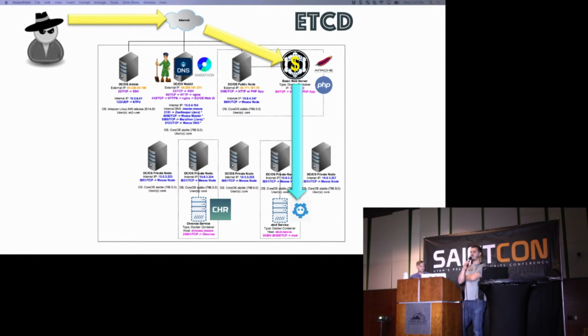You can basically think of it as an HTTP accessible JSON object. So if I know the name of a key, like the key of a key value pair, I can query etcd for that key and it will give me back the value. Common uses for etcd are things like where is my database? That key value pair can be stored in etcd. You could also store the database username and password in there.